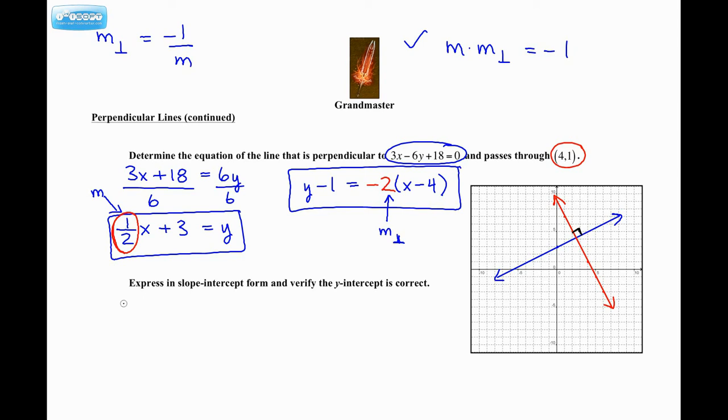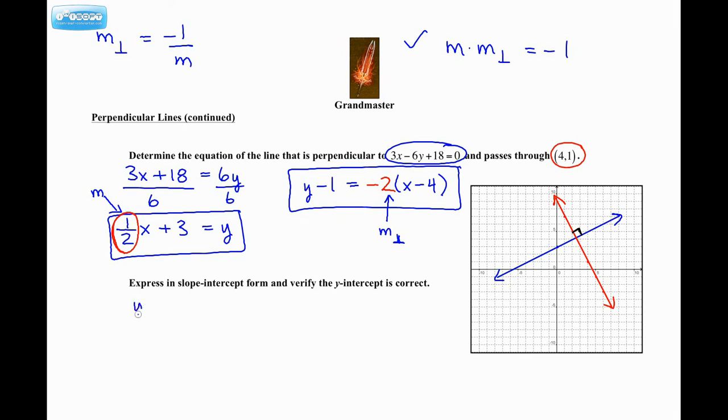So next, it wants us to express in slope-intercept form and verify that the y-intercept is correct. So that's this line, the line that we just created. Okay, so all we need to do is take my answer from here, which is in slope-point form, and express it in slope-intercept form, which just means I got to solve for y.